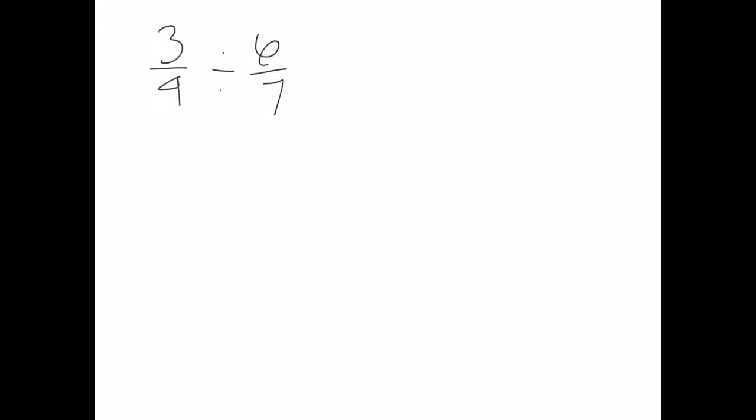So in order to do this problem, we need to write the reciprocal. So we rewrite the problem 3/4. We add a multiplication sign, and then we write the reciprocal of 6/7, which is 7/6. Then we do 3 times 7 over 4 times 6.